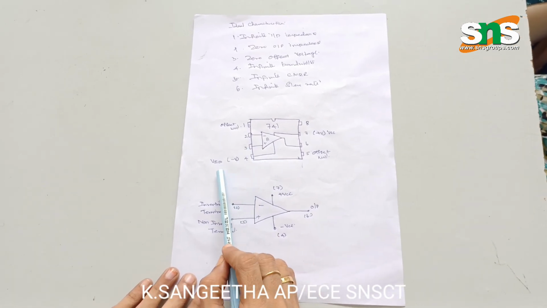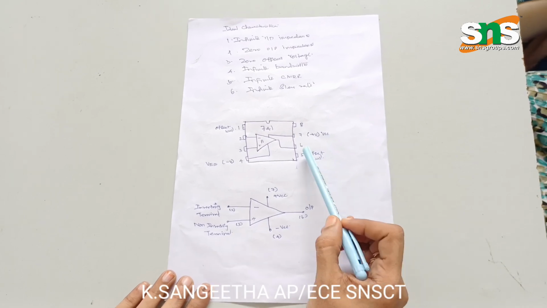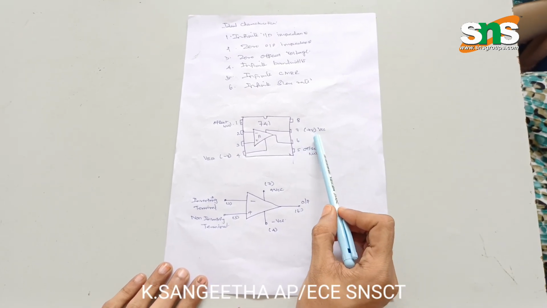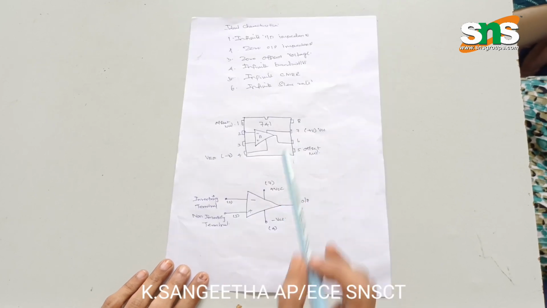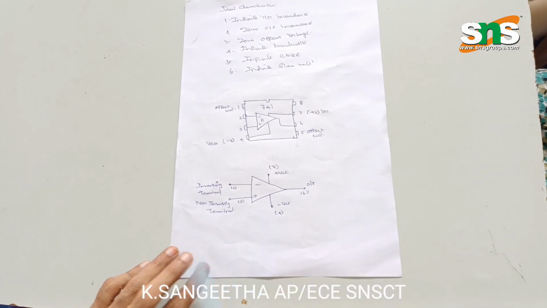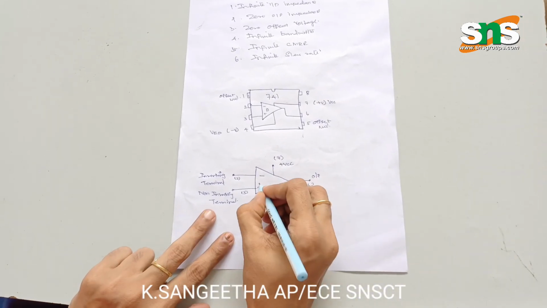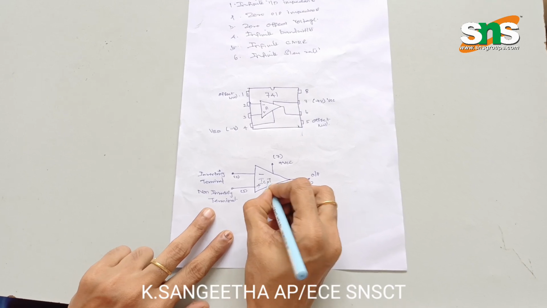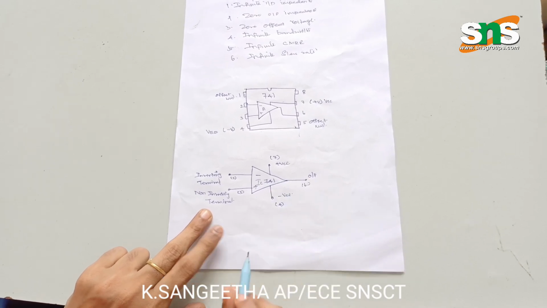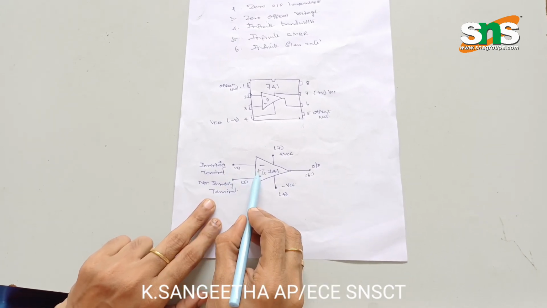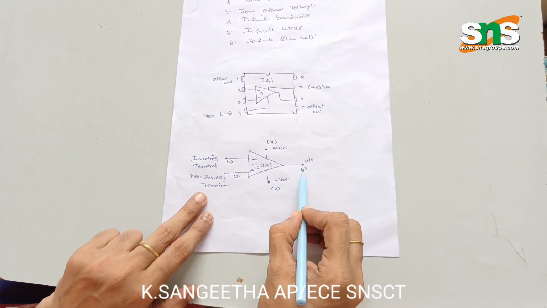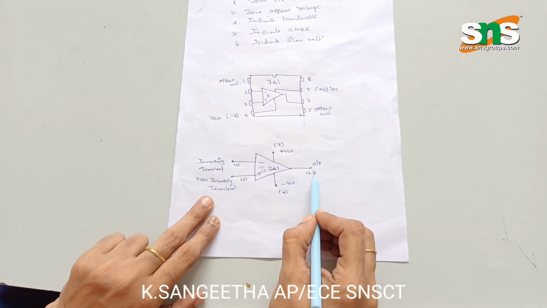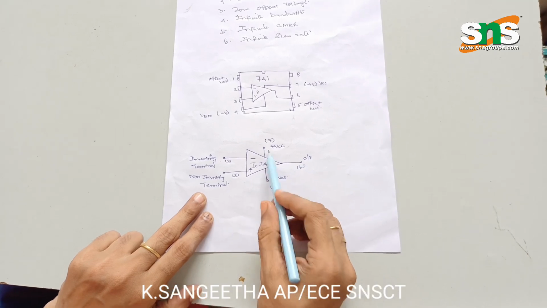The fourth pin is minus VCC, the sixth pin is output, the seventh pin is plus VCC, and the eighth pin is not used. And this is the symbol of the operational amplifier. The IC number is 741. This is the inverting terminal, minus; this is the non-inverting terminal, plus; here we take our output, and here we give the supplies.